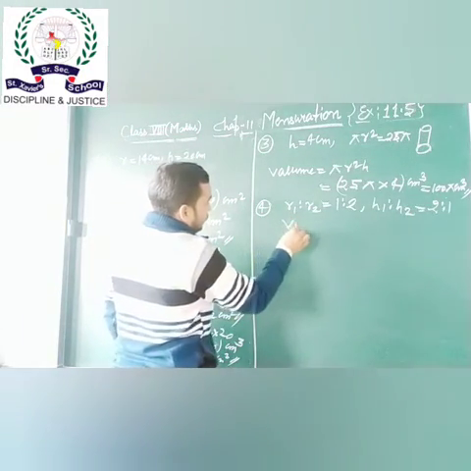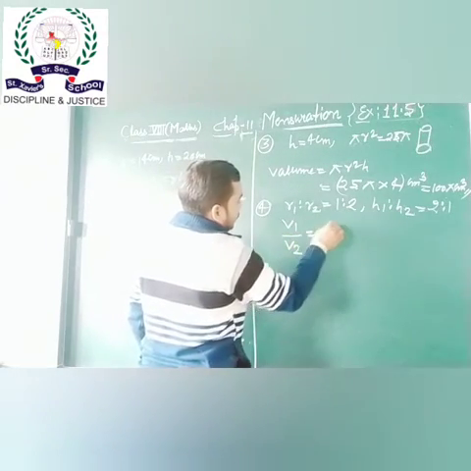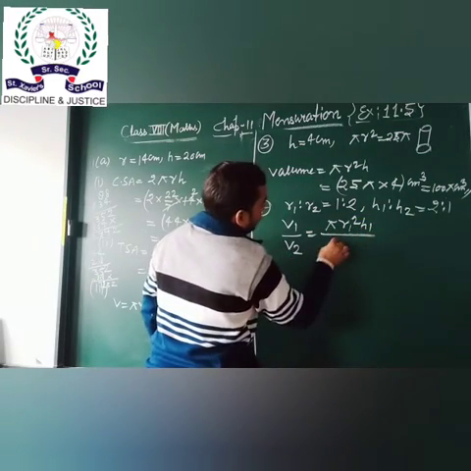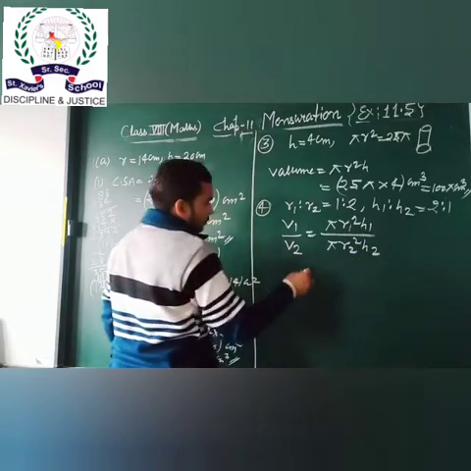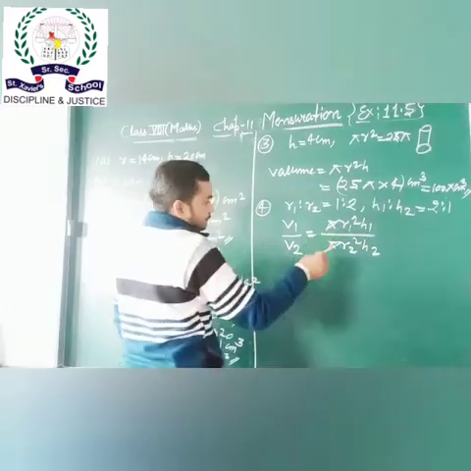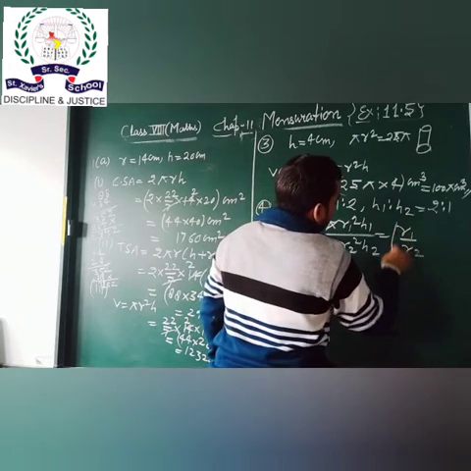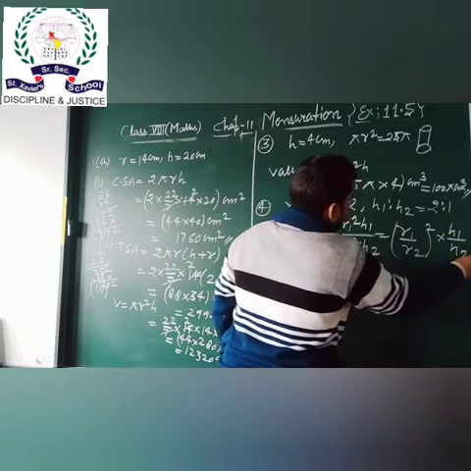So first one v1 upon second v2 equals pi r1 square h1 upon pi r2 square h2. Pi divided by pi cancels, so r1 upon r2 whole square into h1 upon h2.